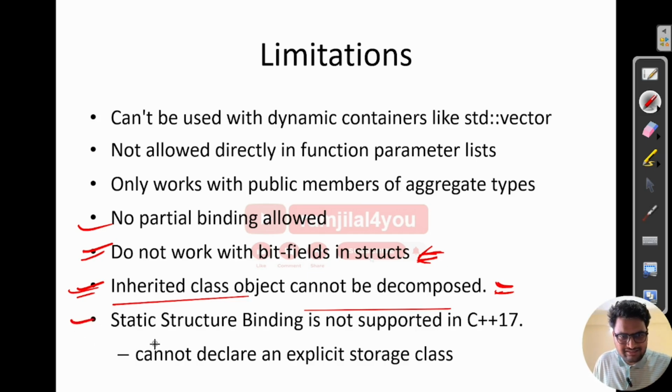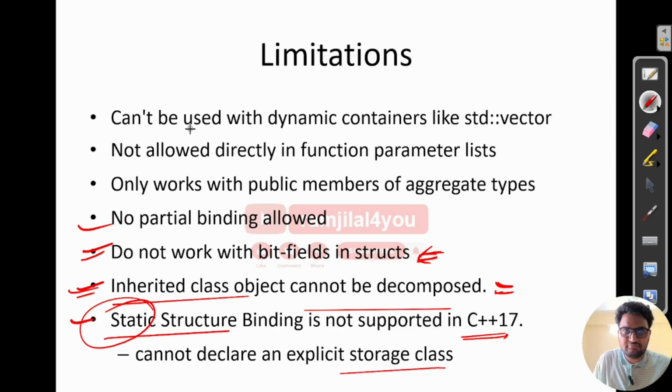Now the last: static structured binding is not supported in C++17. The static keyword or extern keyword cannot declare an explicit storage class. I hope this is very simple. The basic principle of C++ storage classes is that we cannot use multiple storage classes at a time.